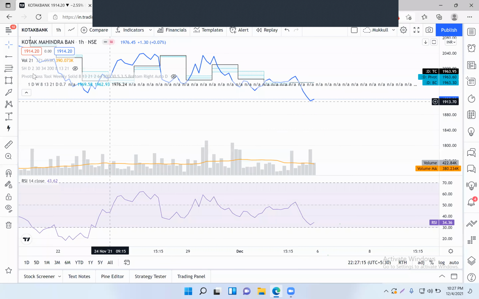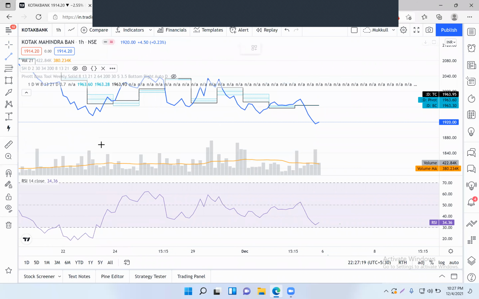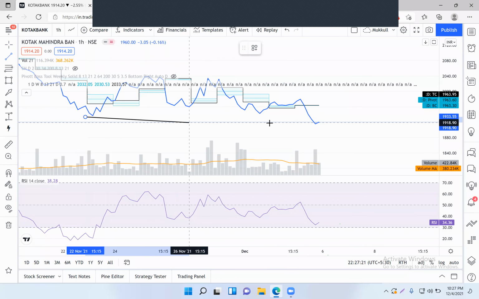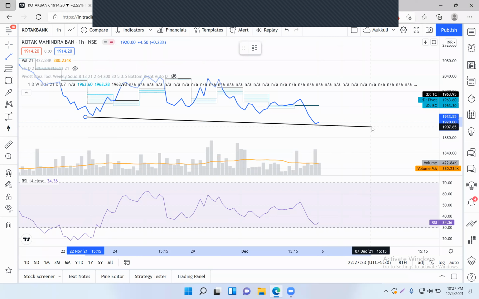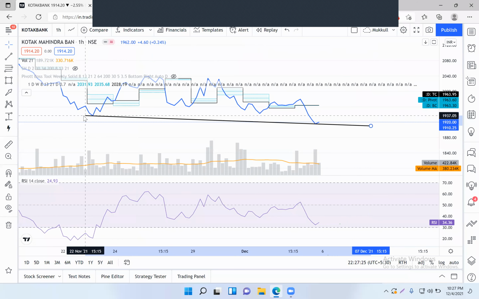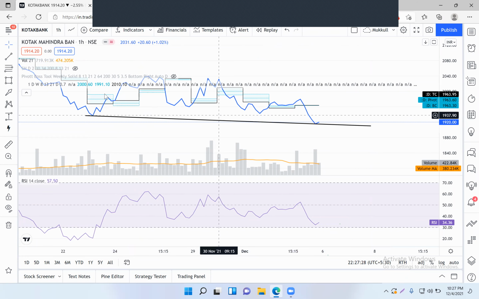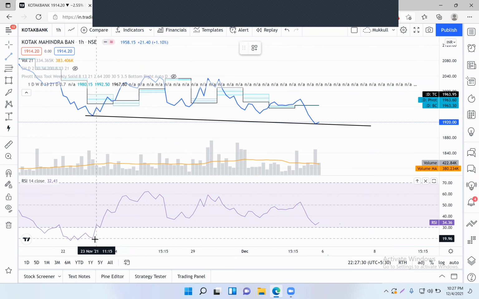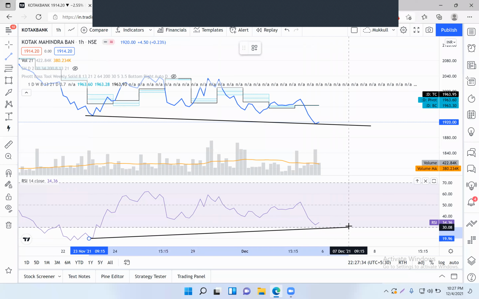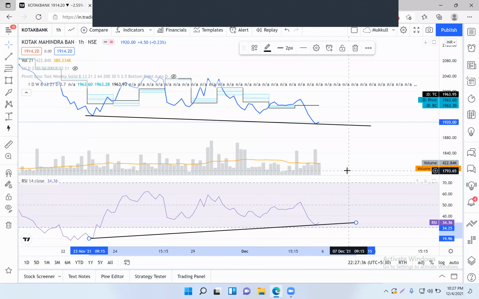Okay, so see this thing here. What do you see? Anyone?